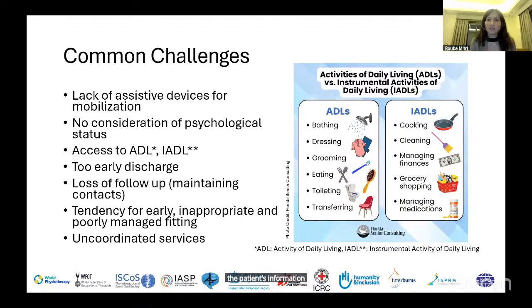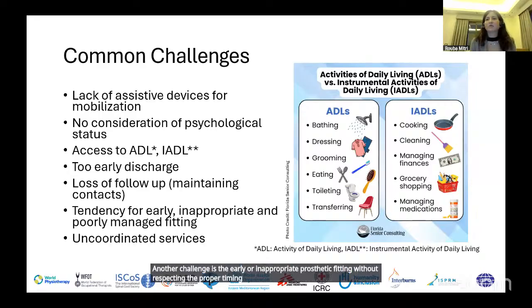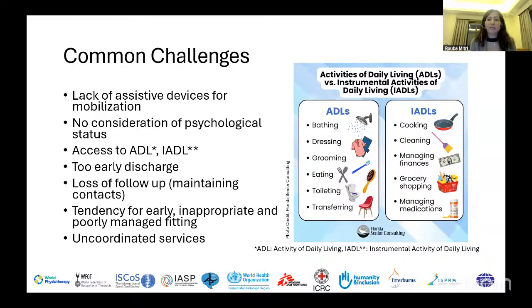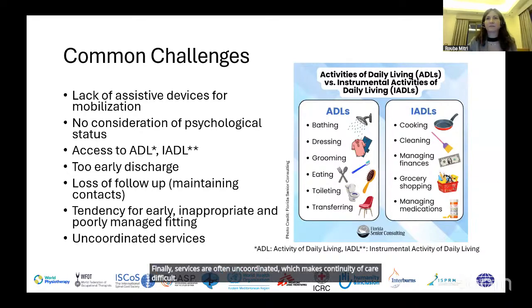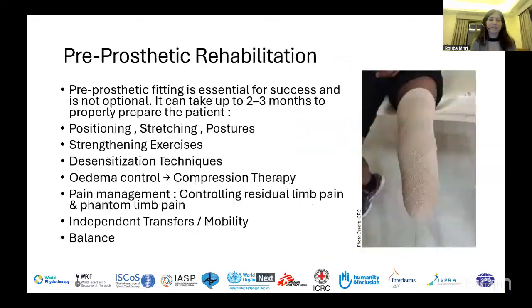Another challenge is the early or inappropriate prosthetic fitting without respecting the proper timing, without doing the proper preparation, which definitely will affect the outcome. Finally, services are often uncoordinated, which makes continuity of care difficult. Next, please.